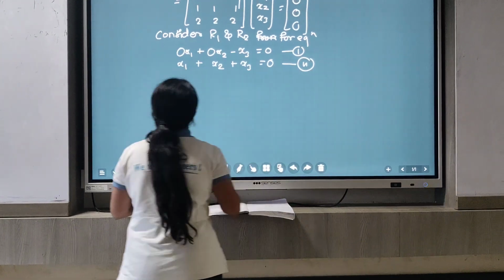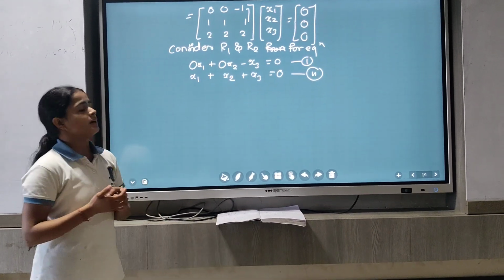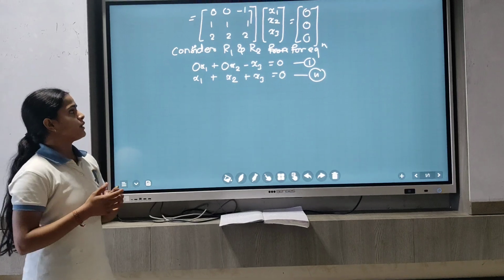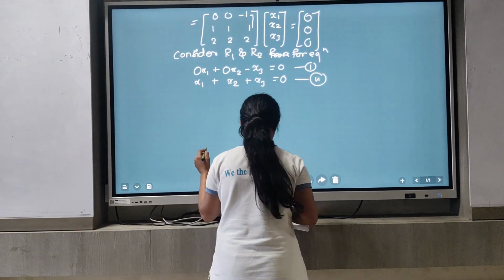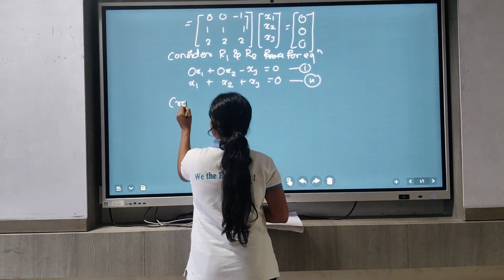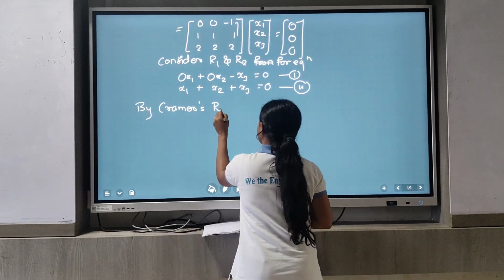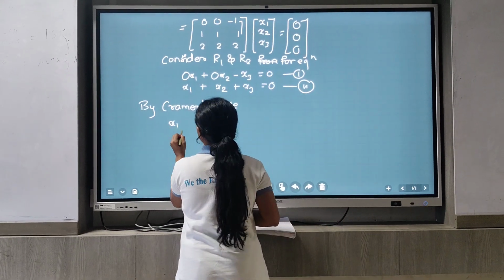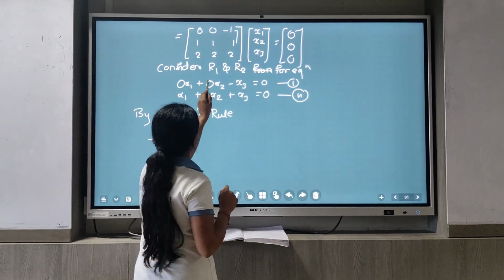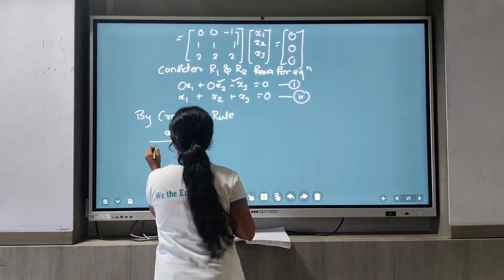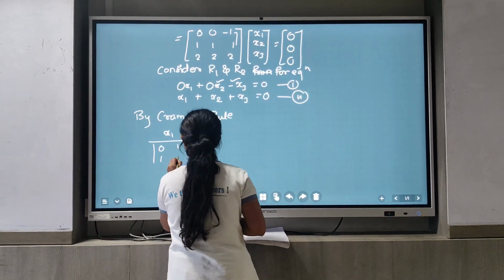There are two methods, a free variable and Cramer's rule. We will take Cramer's rule because it is easier for this and the solution comes so fast. By Cramer's rule, for x1 we take these two elements: 0, 1, 1, 1, minus 1.